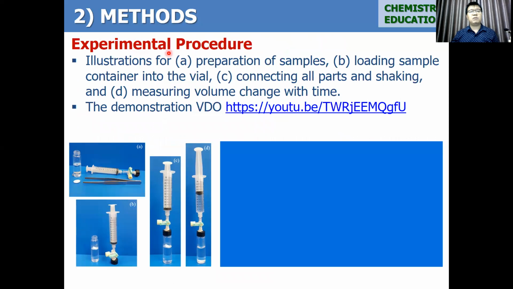For the experimental procedure, here is the illustration of preparation of sample, and this one, how to load a sample container into the vial. And for this one, connecting all parts together and then checking the reaction to be mixed well.